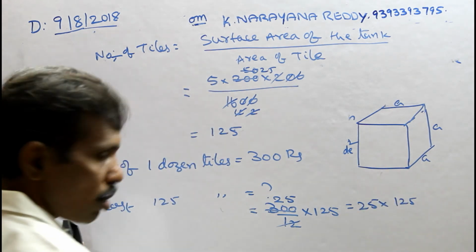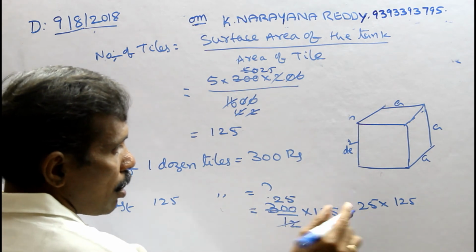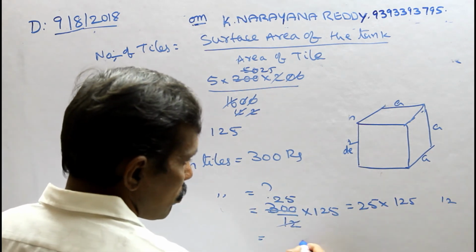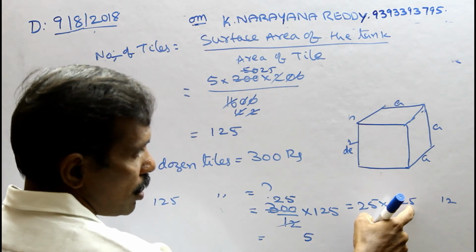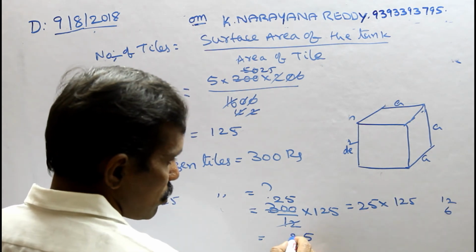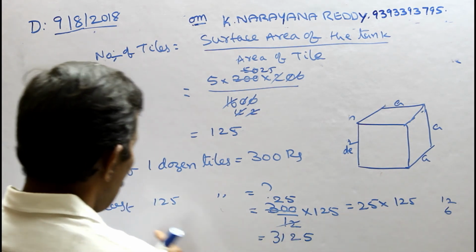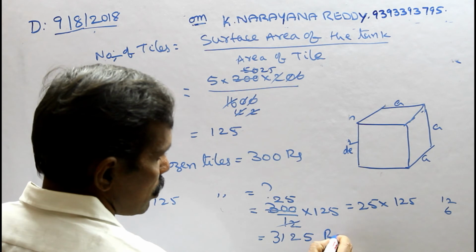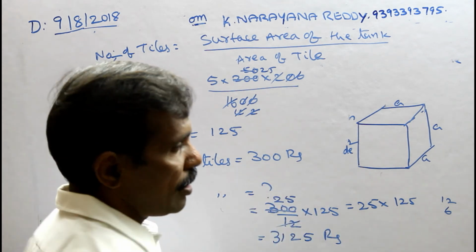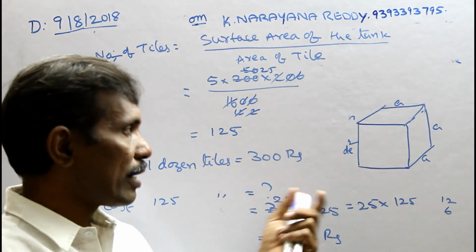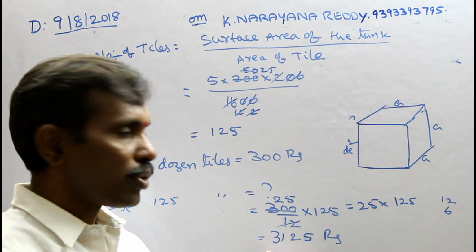So what do you get? 25 into 125 is 3125. This is in rupees. So to cover the tank with tiles excluding the bottom, it will cost 3125 rupees.